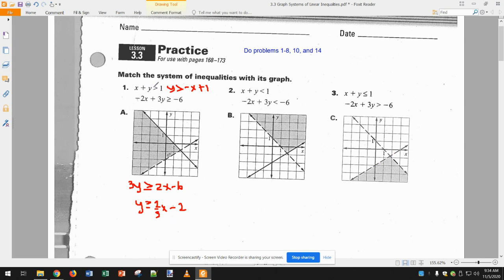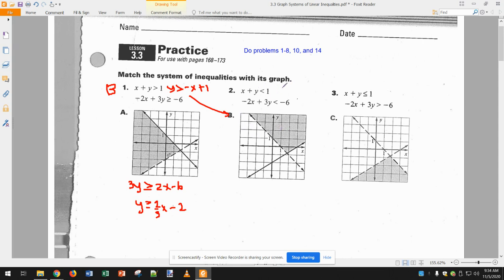The first one's dashed, the second one's solid. So it automatically has to be B. B is number 1. And the shading, we can just check to make sure it matches up. We're going to be above this line and above the other line. So above both lines would be this region.